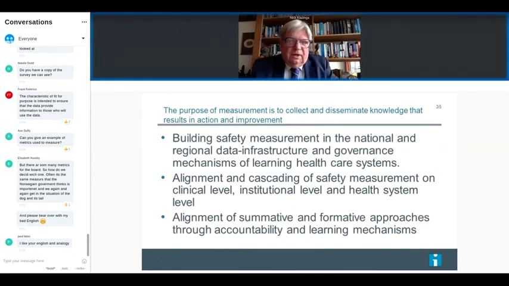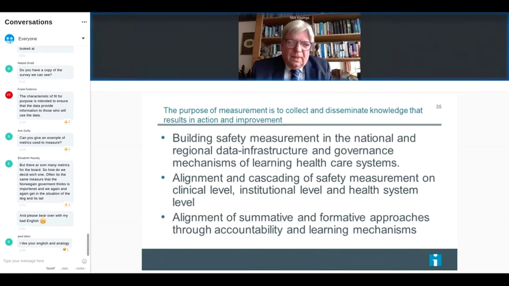And also in the governance approaches, there should be alignment between the summative and the formative ways, meaning how do you balance accountability with learning? Because at the end of the day, the measurement should contribute to continuous learning. And that means if you, for example, totally separate the two and you have separate clinical safety quality improvement initiatives that are totally not aligned with the reporting obligations to an inspectorate, then there is no synergy.